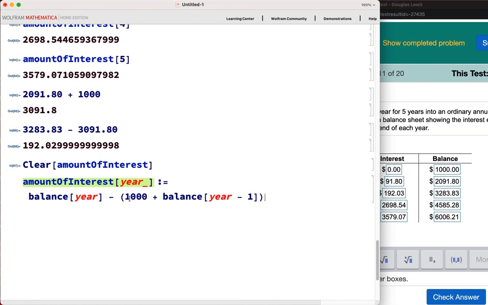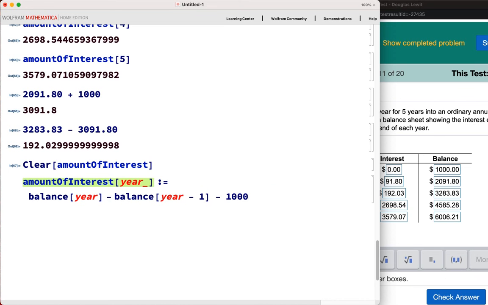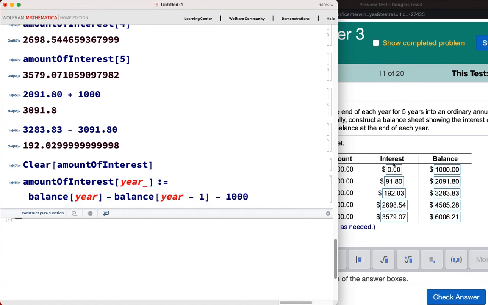And actually, you could just distribute the minus. And then you will have minus, and then minus 1,000. So let's see if that works. Because we know that these values are correct.